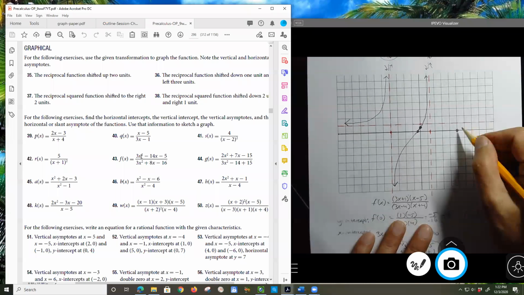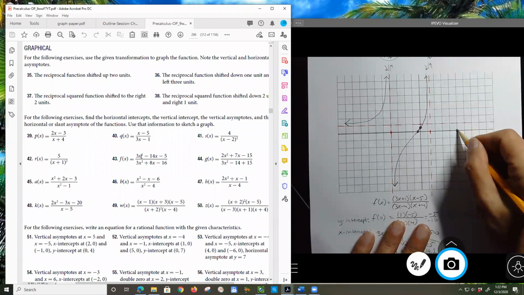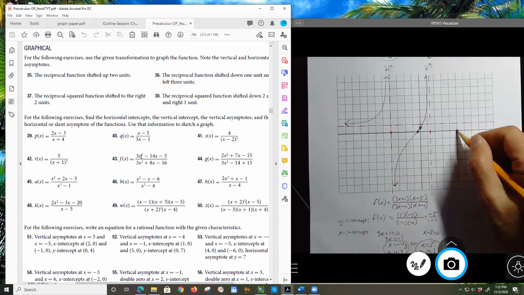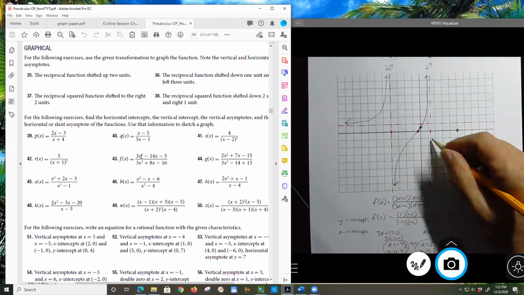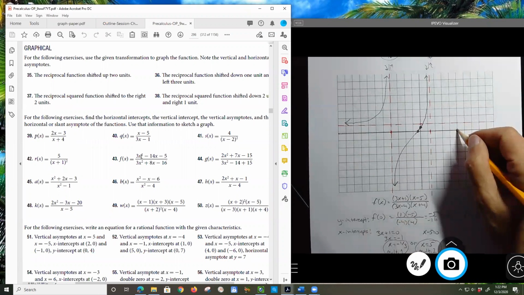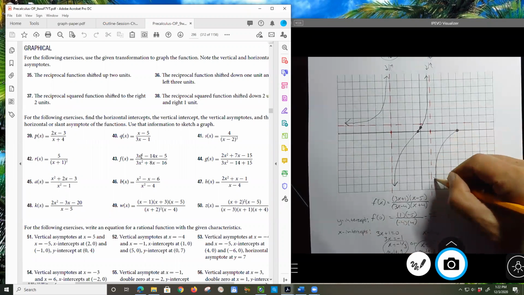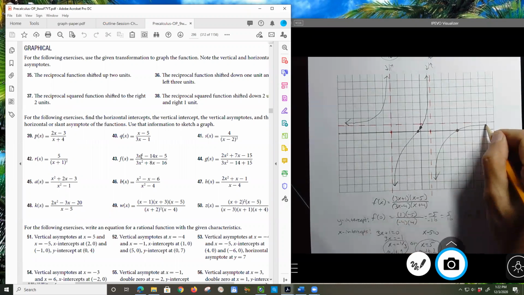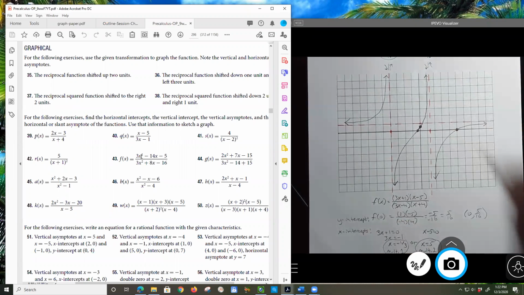Now, how about over here? So I've got this, and it's multiplicity of 1, so it's just going to cut through. And I've got these asymptotes here. So the only thing that it could do is this. Okay. And if you punch that in, that's exactly what will happen.